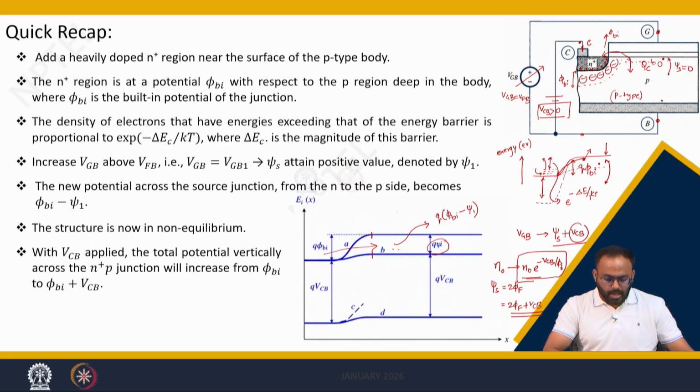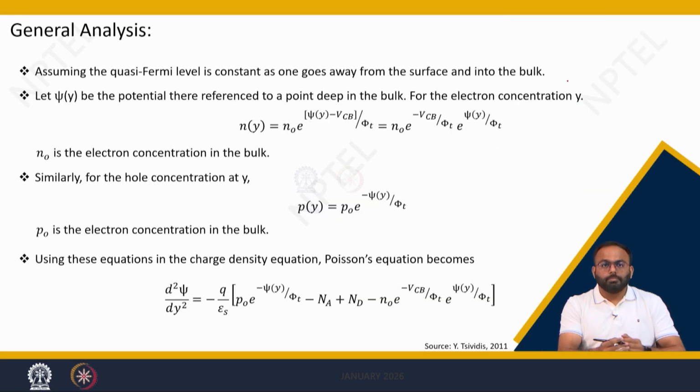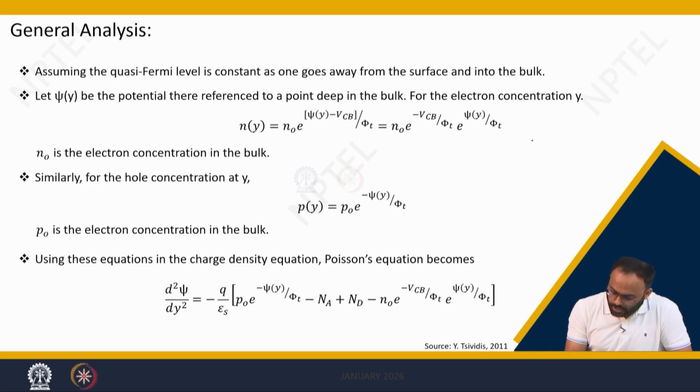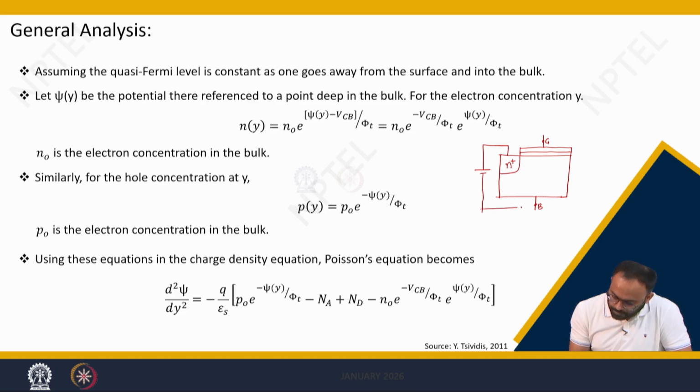Let us do a general analysis, what we have already done for 2 terminal, but here we need to take care that we are applying a VCB voltage from the 3rd terminal. So I am redrawing this 3 terminal structure as n plus, this is your gate, body, and this is your VCB.